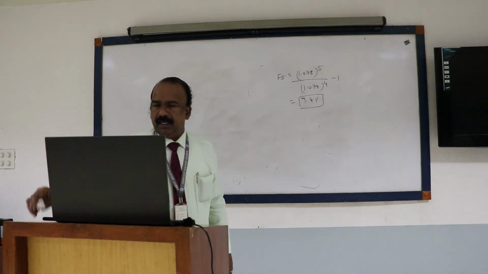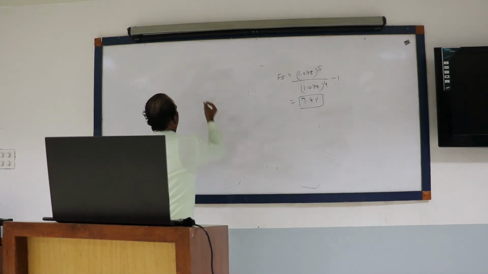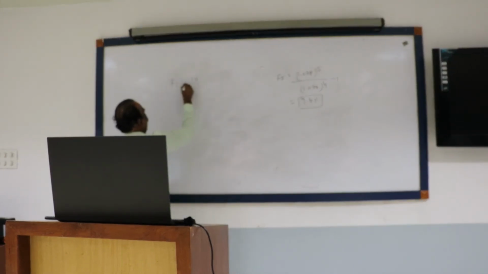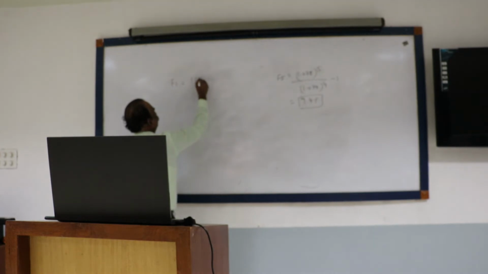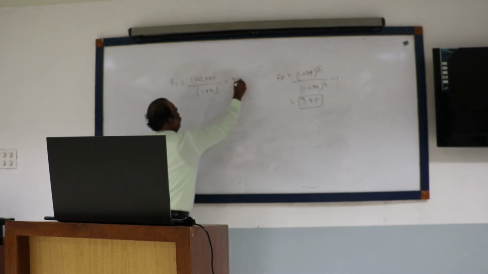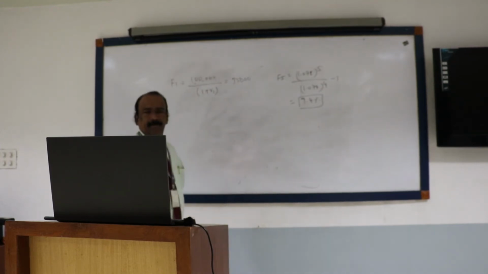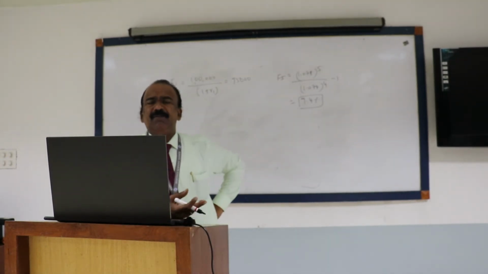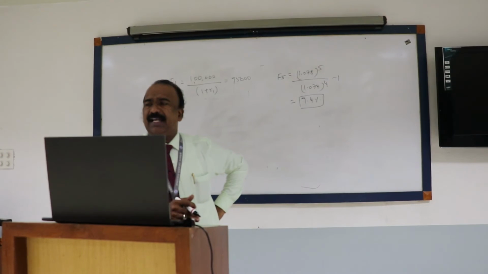So 1 lakh divided by 1 plus R1 is equal to 95,000, where R1 is forward rate 1. Got it? We are going to calculate the yield, the forward rate. Why are you dividing?